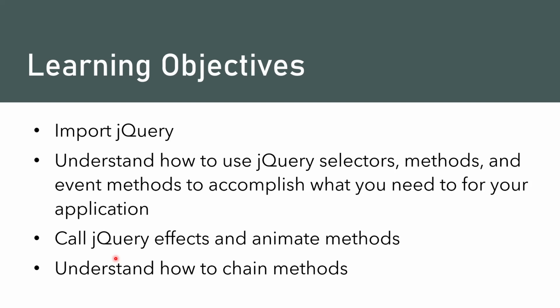And then you should be able to call jQuery effects and animate methods to apply effects and animations to elements in your web page. And you should understand how to chain methods together, and that any methods that you chain together in one code statement will be executed one after another.